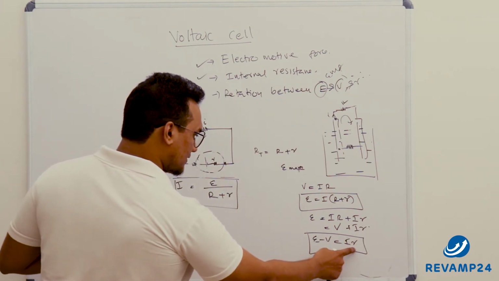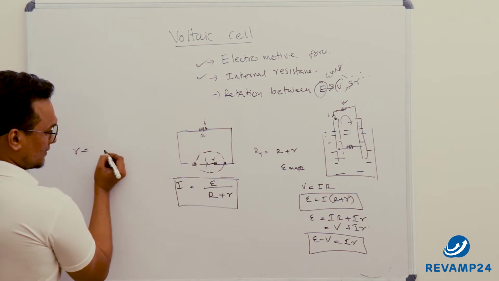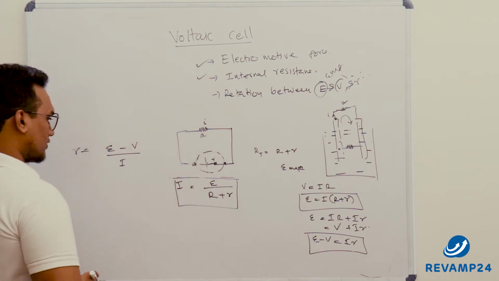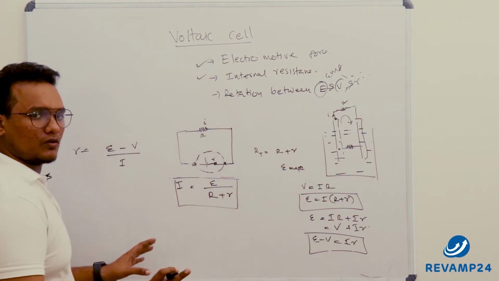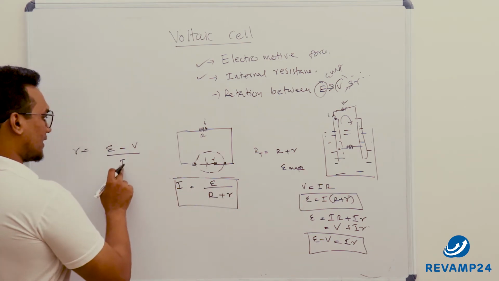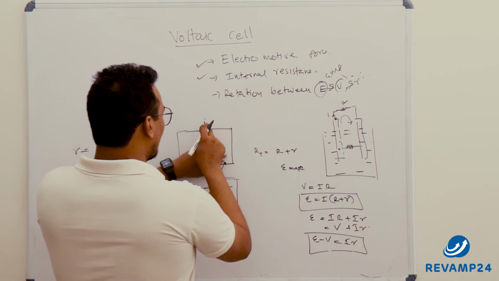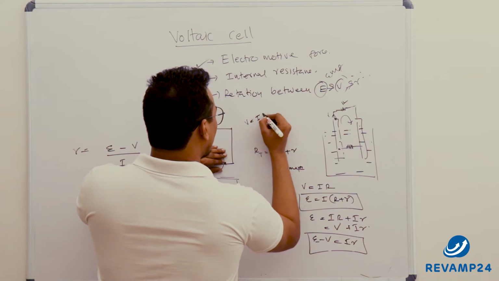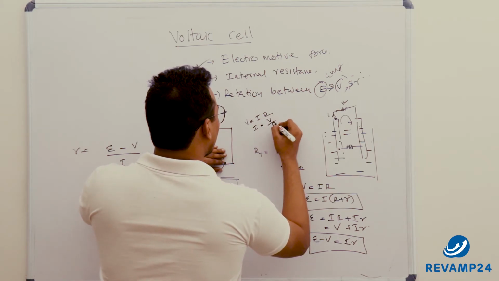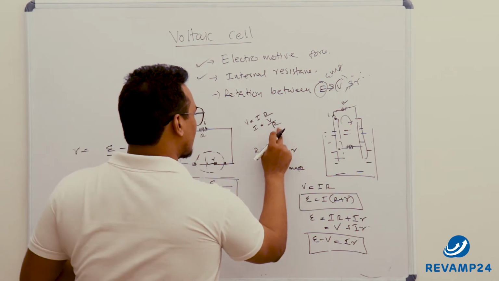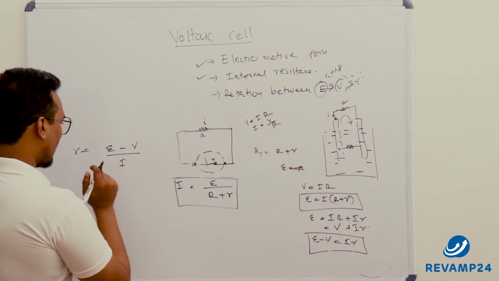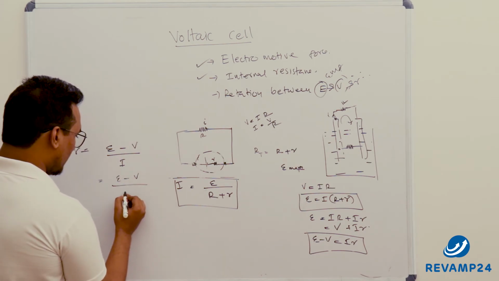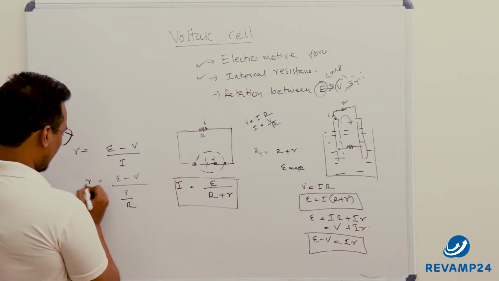Now we will try to get the value of internal resistance. So what is the value of internal resistance from this equation? Internal resistance r is equal to E minus V divided by I from this equation. Now what is I? V is equal to I into R, so I is equal to V by R. That is nothing but terminal voltage divided by resistance will be I. So instead of I, I am going to substitute V by R. So E minus V divided by V by R is the internal resistance.